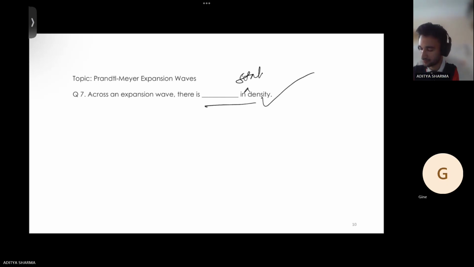So the same is the answer for this case also: there will be a decrease in density, because it's expansion, so pressure will decrease, density will decrease, temperature will decrease. Okay, let's move on to the next question.